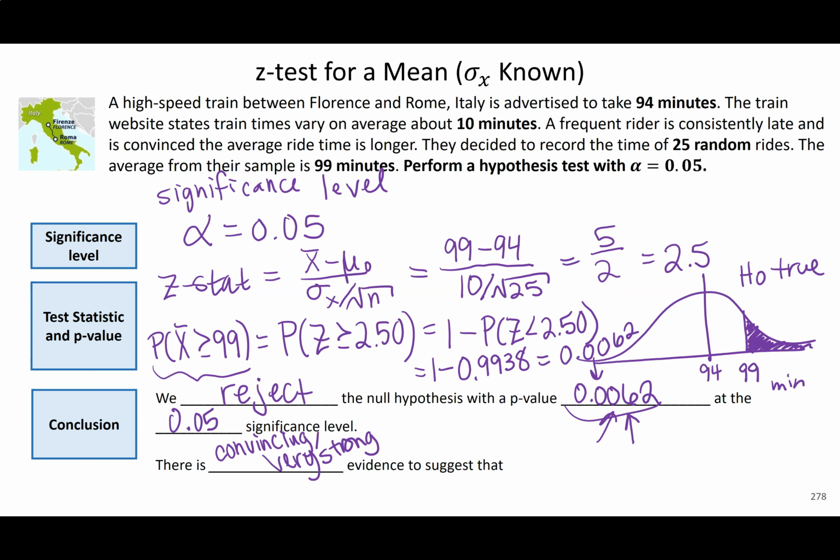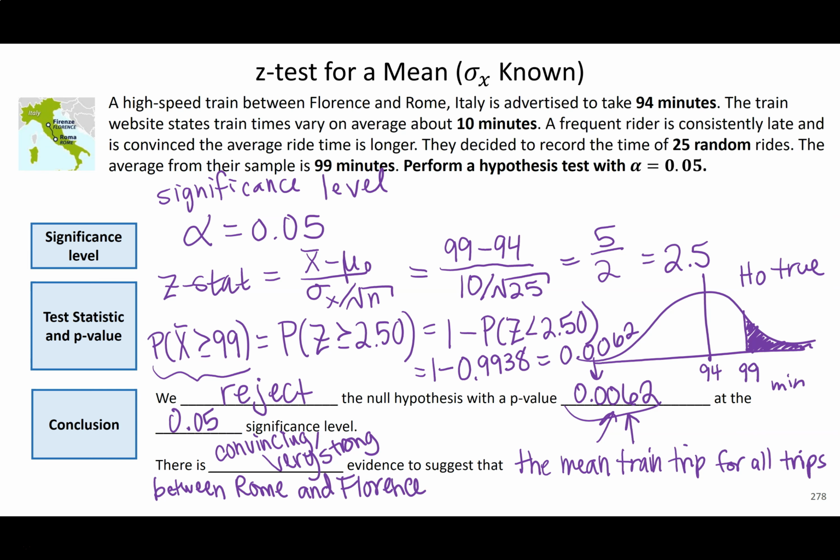There's very strong evidence to suggest that, and now I have to state the alternative in words, in context, so that the mean train trip time for all trips between Rome and Florence is higher or longer.